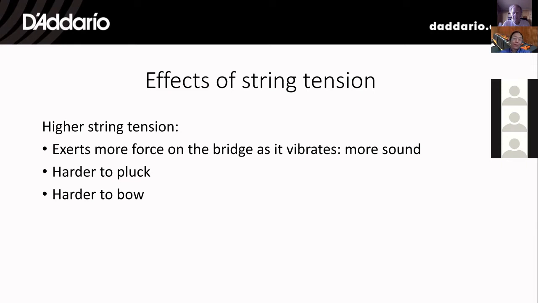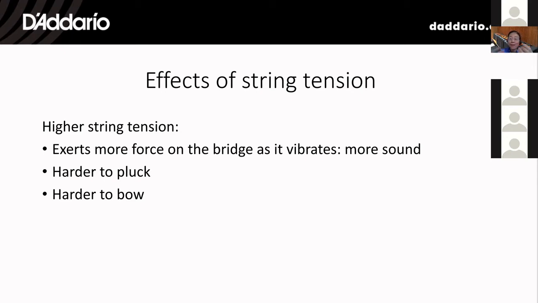Every manufacturer has their own standards, and even different brands from the same manufacturer may have different tensions for the so-called medium set. Now, in practice, in the orchestral bow string world, the medium tension set is what the manufacturer has determined would work best for the majority of instruments and players.